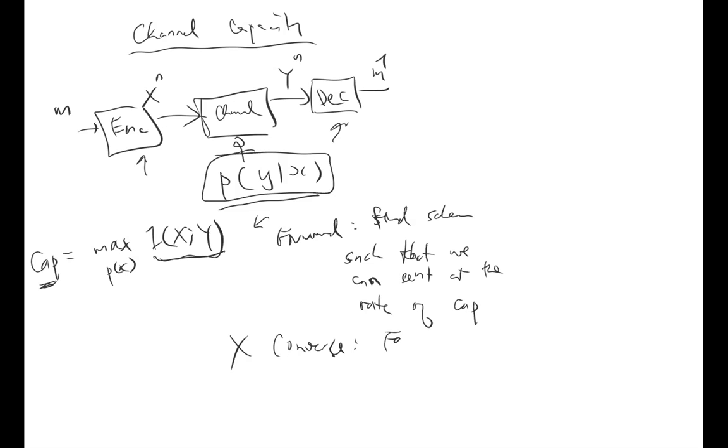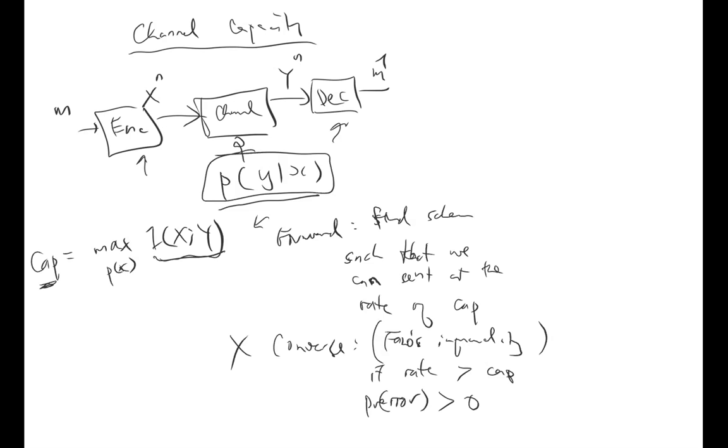That basically uses Fano's inequality, if you remember we talked about Fano's inequality somewhere. The converse proof says that if you are sending at a rate larger than the capacity, then the probability of error will always be bigger than zero. It will always be non-zero. So you cannot send a message losslessly.